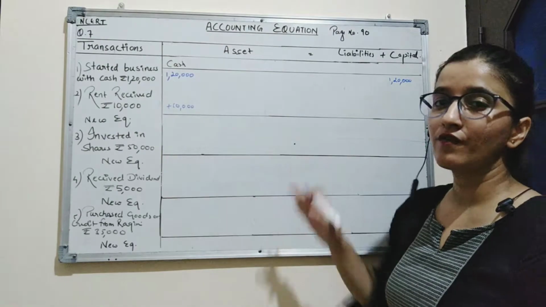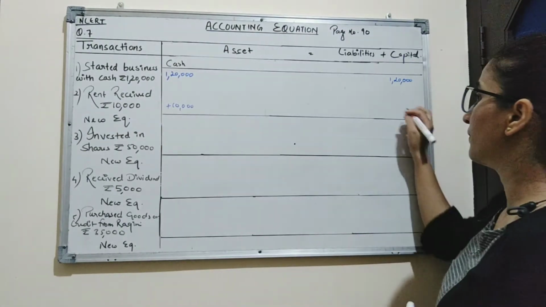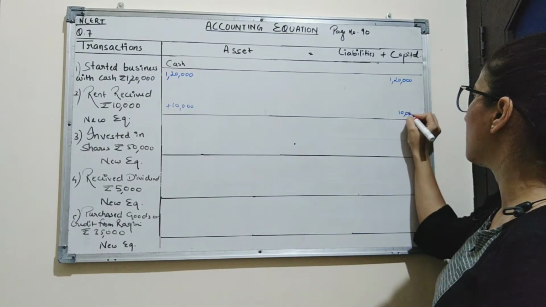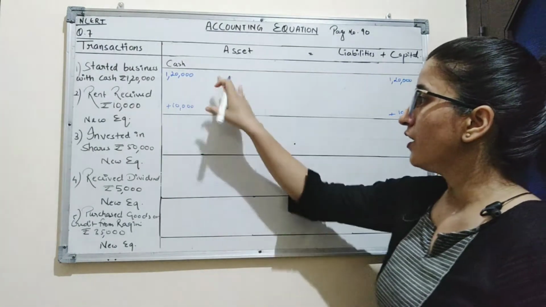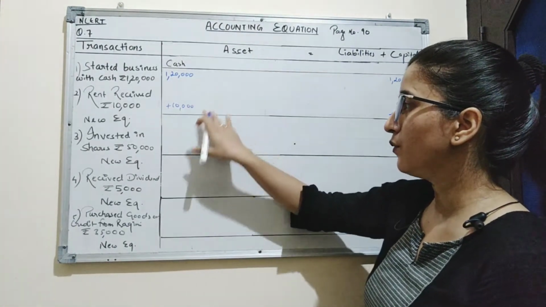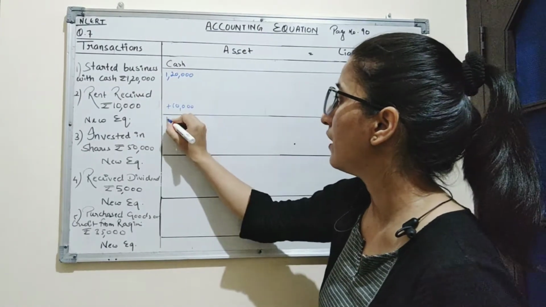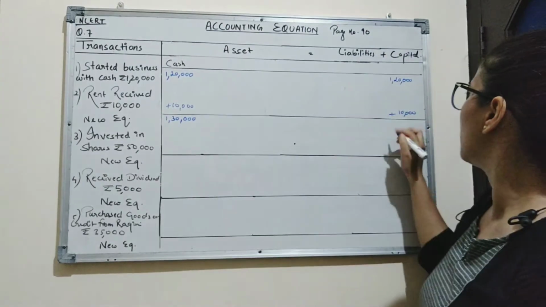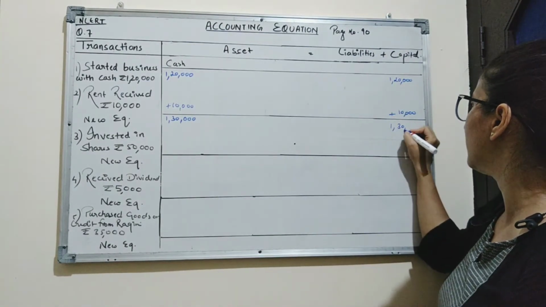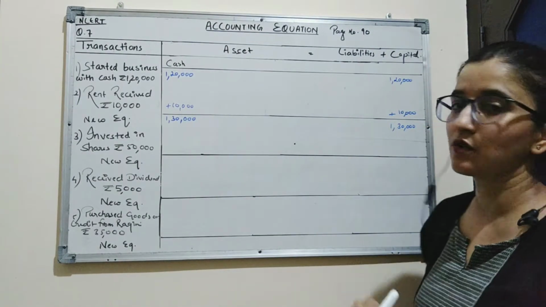So profit is always added in the capital. So we will add rupees 10,000 in the capital column. Now solving these two equations, we will get 1,30,000 in the cash column and 1,30,000 in the capital column.